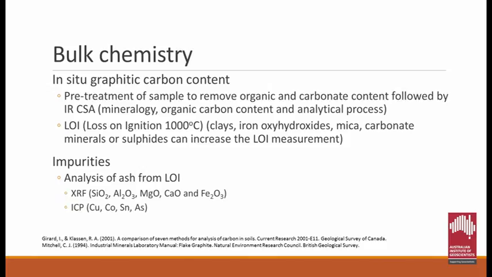Then another analysis you can do is to analyze impurities after loss on ignition, analysis of ash for different trace elements or major elements with XRF and trace elements with ICP or any other technique.